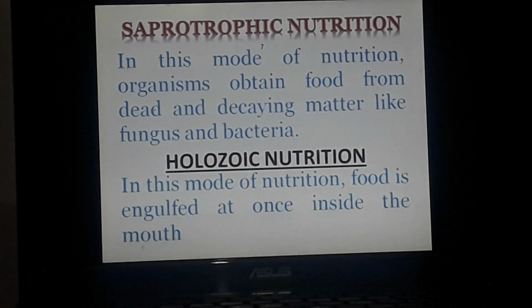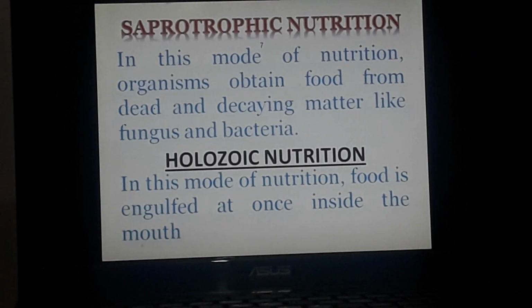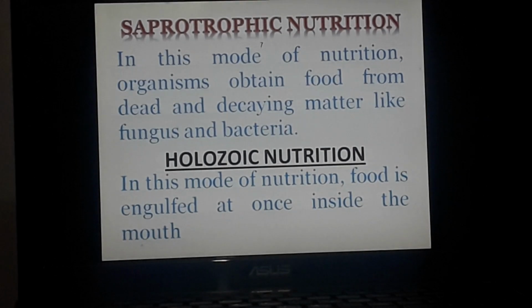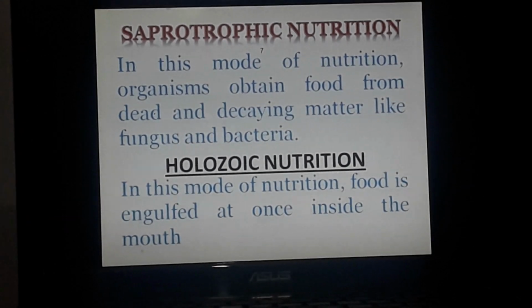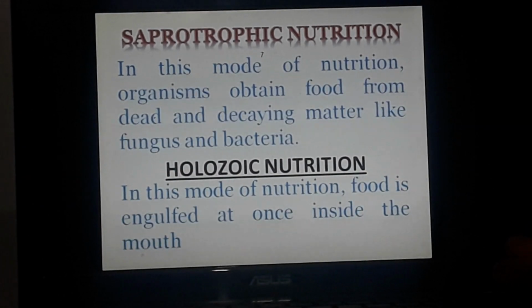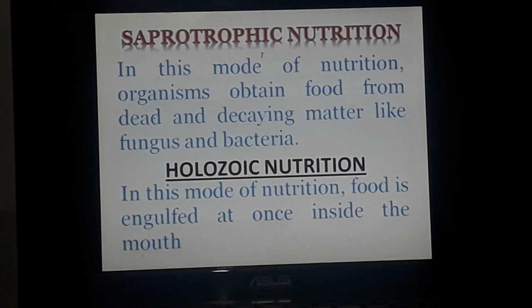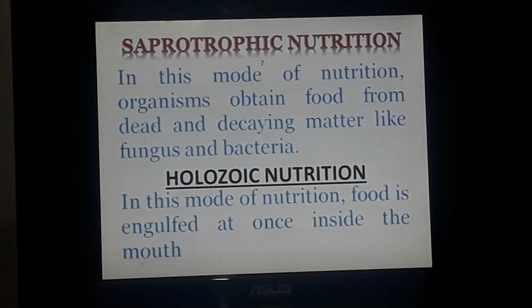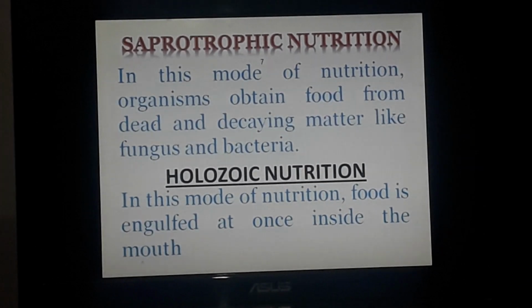There are various fungi, there are various bacteria which feed upon dead and decaying matter of any type. It may be dead and decaying matter of a plant, it may be dead and decaying matter of an animal. So there are some fungi, there are some bacteria which follow the saprotrophic nutrition.